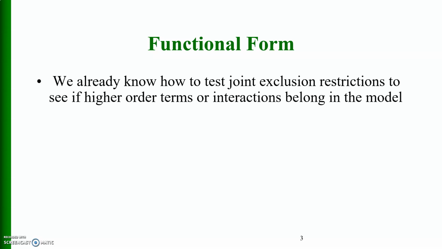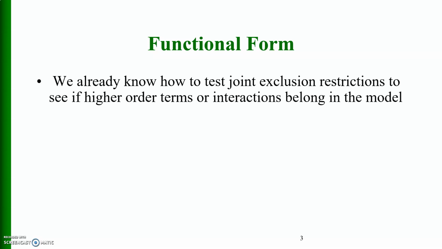Just as I discussed in my previous video, we know how to test joint exclusion restrictions to see if higher order terms or interactions belong in the model. Sometimes we may need to add x square, x raised to the power 3 and so on, or interaction between x1 and x2 and so on.